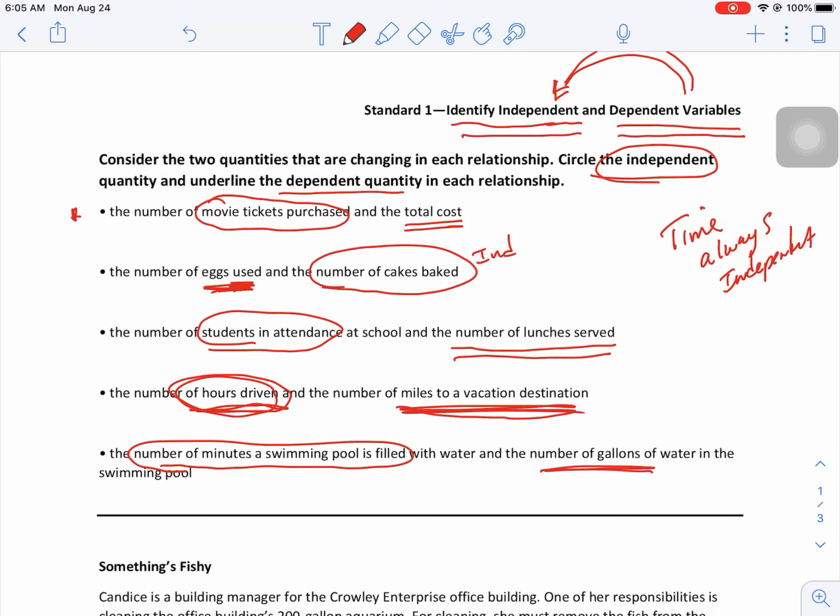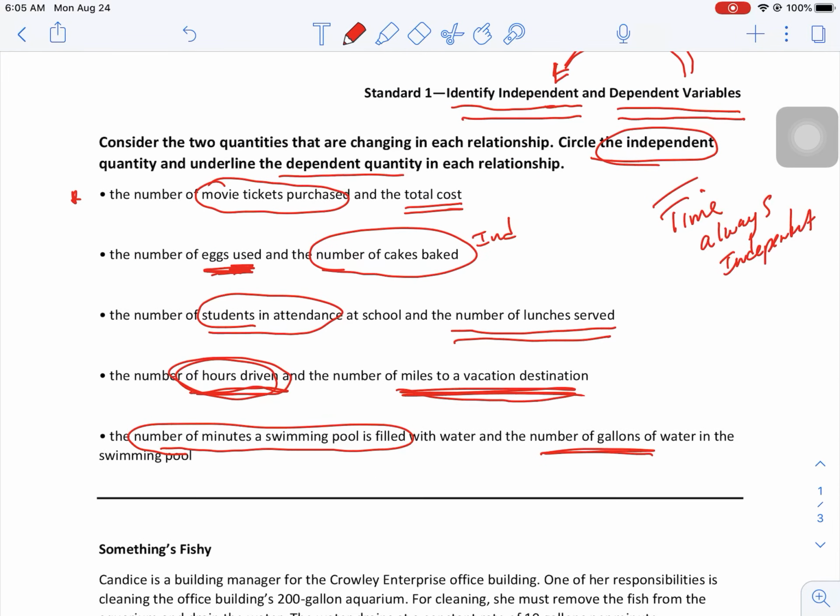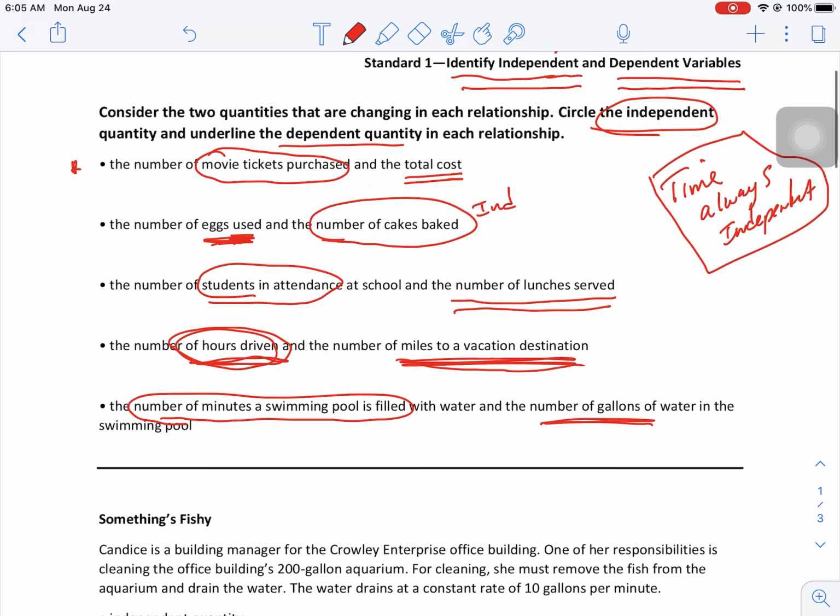The number of gallons we put in is dependent on how long we fill the pool. Okay? So that's your independent dependent start. Now it gets a little easier as we move along because they're going to have a long word problem, and all I want is the independent variable and the dependent. Please remember, time will be your independent.